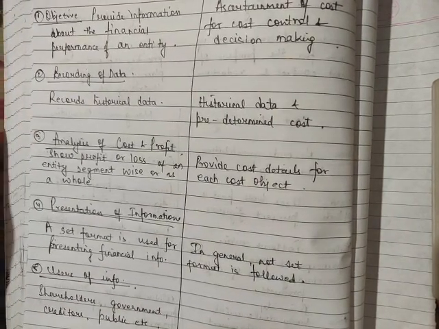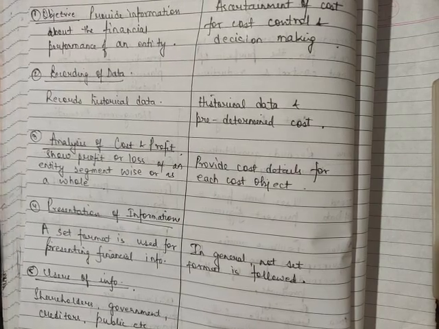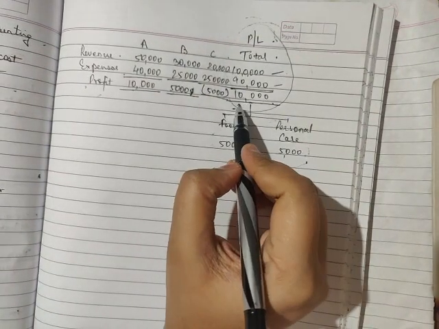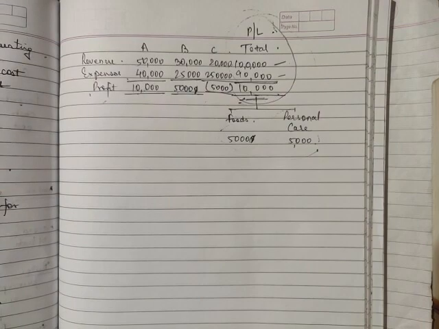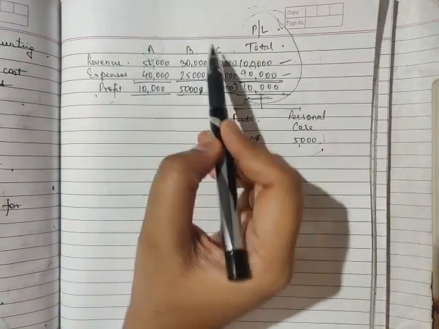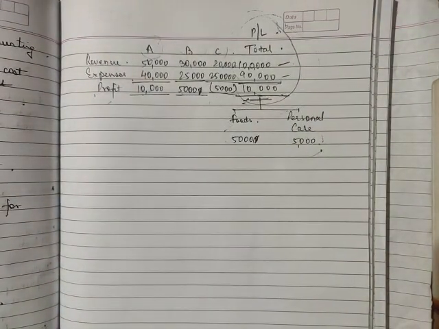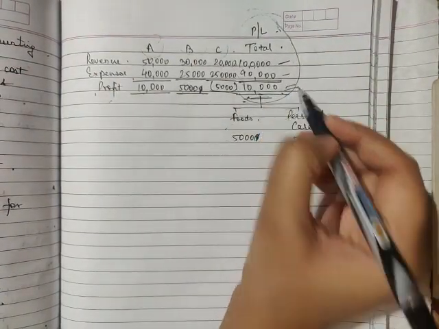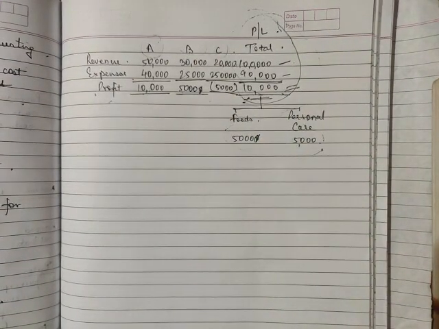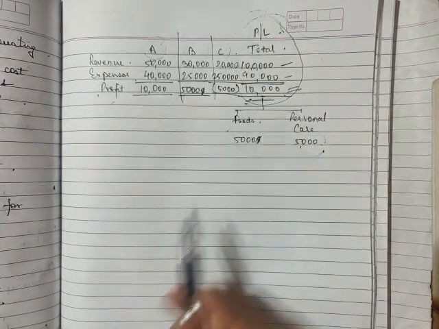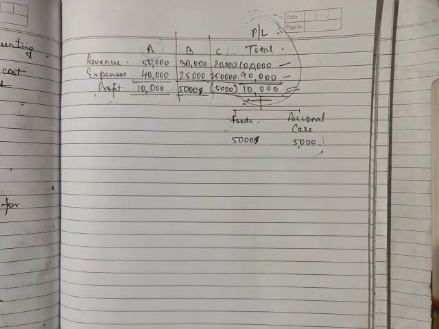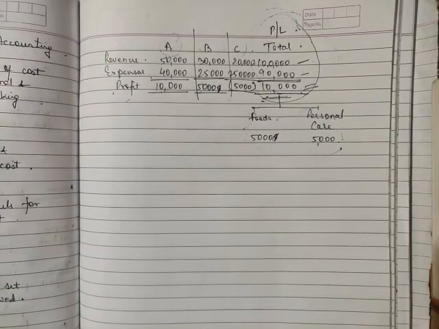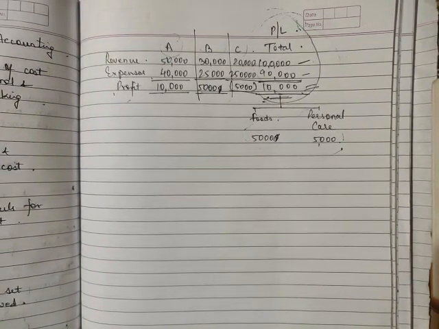Whereas in cost accounting, as an outsider, you will be interested in knowing that 10,000 rupees is a profit of the company. You might not be interested in knowing which of these three products is the most profitable. You will be only concerned with the total profit. This individual bifurcation is actually needed by the management to see which is the best performing product and where improvements are needed.